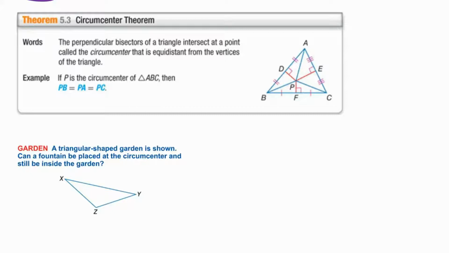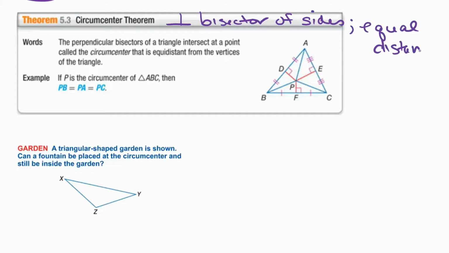So for the circumcenter, we're going to find the perpendicular bisector of each side. So we perpendicular bisect each side, and the intersection point of the perpendicular bisectors of all 3 of them is called the circumcenter, and the circumcenter is equal distance from the vertices, or the angles, whatever you want to call them.